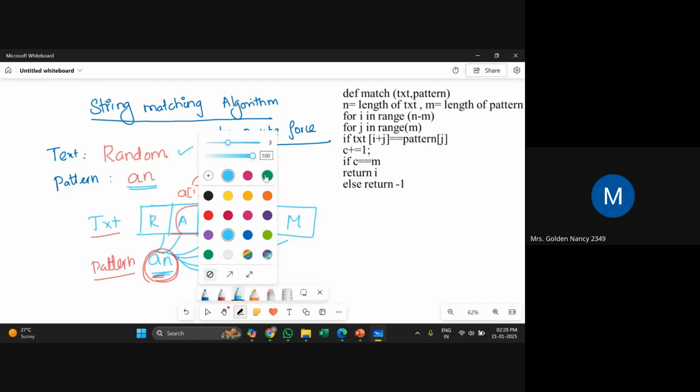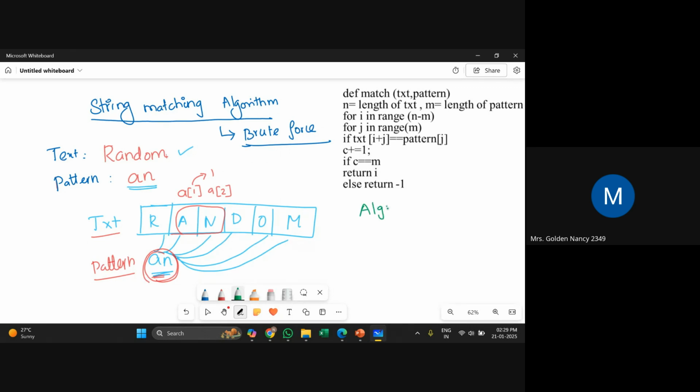The first point is you have to compare the pattern with the first character of the text. For example, here AN is taken. The first letter A is compared with the first letter of the text.